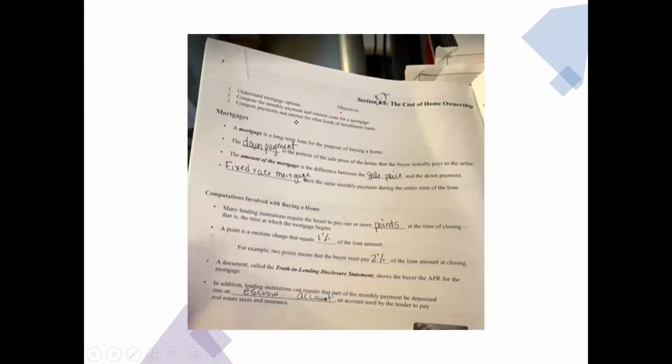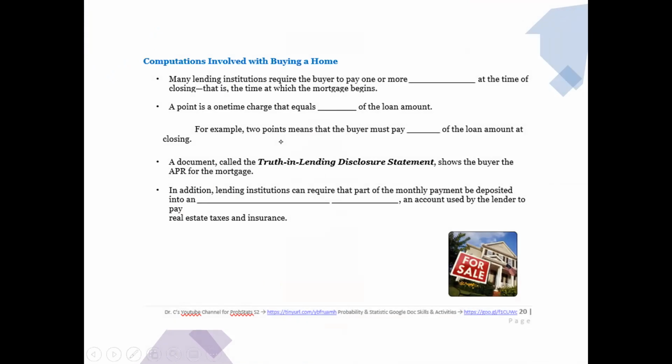No, hold on, I want to go back to it. Just kidding. One or more points at the time of closing. A point is usually equal to 1% of the loan amount. So for example, 2 points means the buyer must pay 2% of the loan amount at closing.